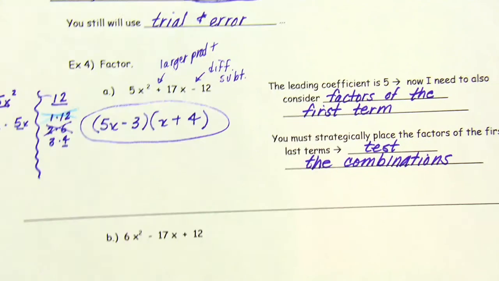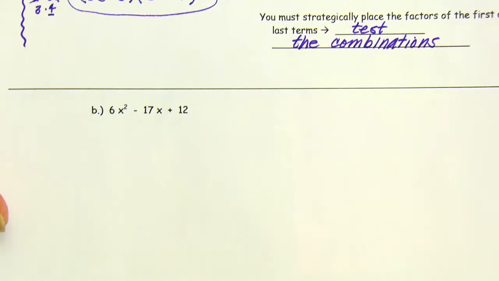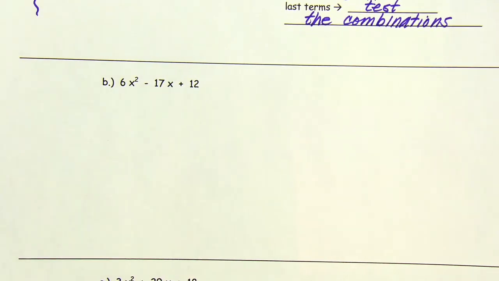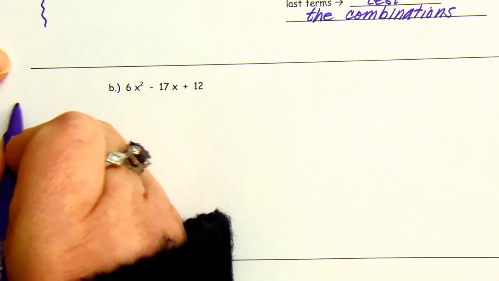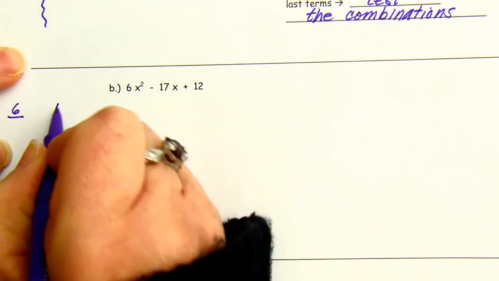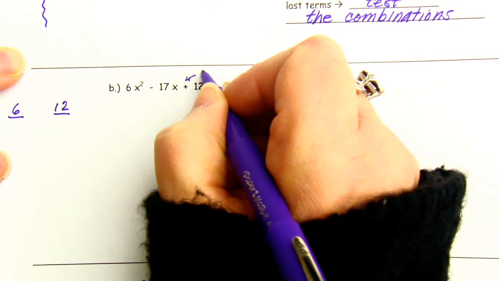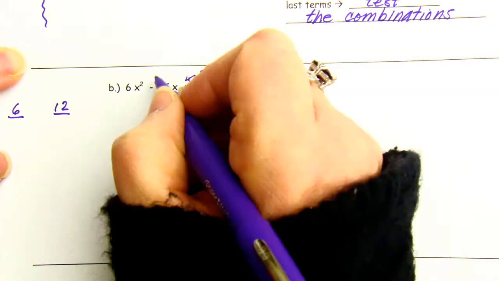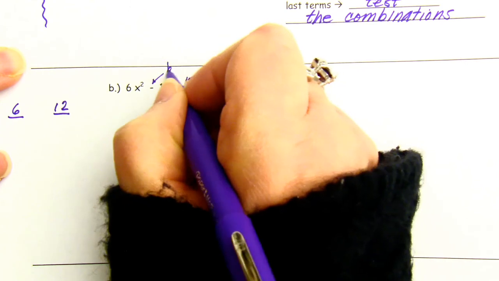All right, we'll do another one together, and then the third one, we'll see if you can do it on your own. So again, I've got a 6, and I've got a 12. I know I'm going to add products, so I've got same signs, and I'm going to add. And both are going to be subtract in my binomials.